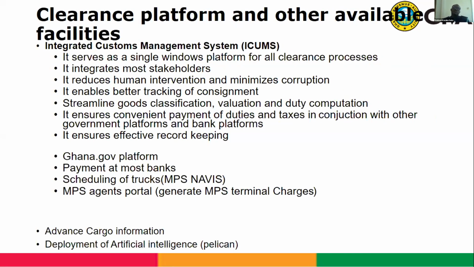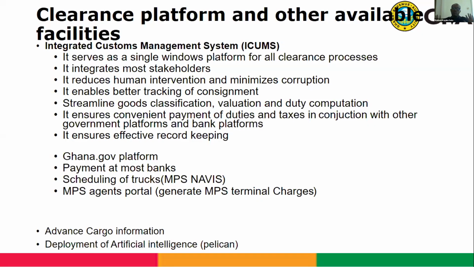Ghana Customs currently has a platform called the Integrated Customs Management System, or ICUMS for short. It's the platform used for clearance of goods in Ghana, where Ghana Customs and every other agency is hooked up. What does ICUMS do? It serves as a single window platform for all clearance processes.